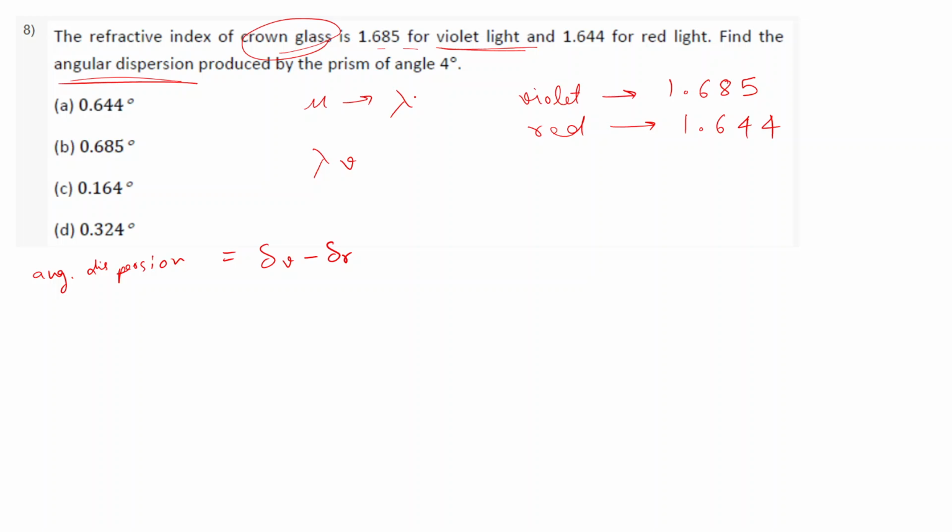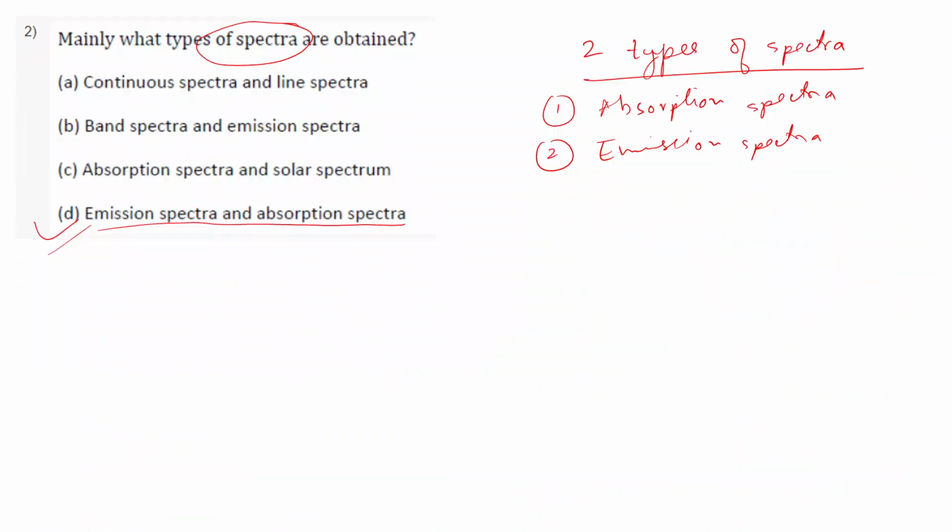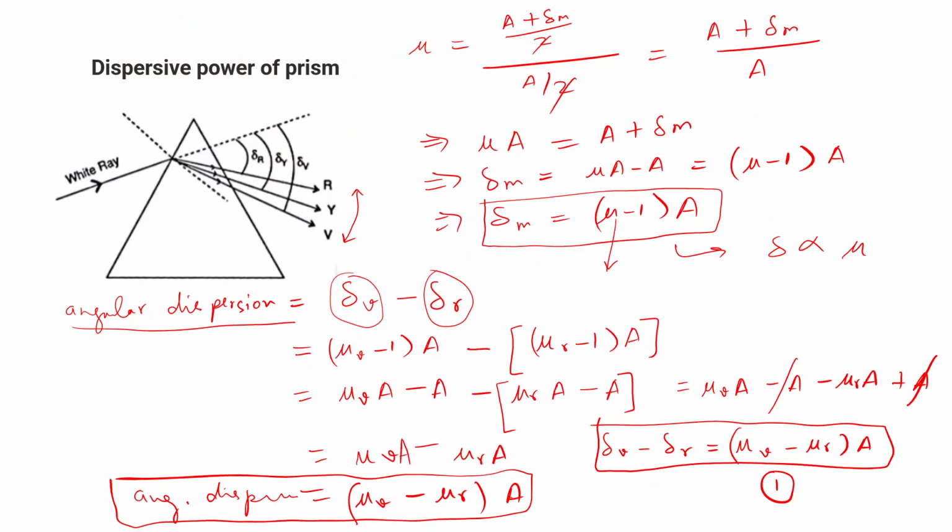Now here we have not been given the deviation in angle. We have been given the refractive index, and that relation also we had obtained. Here this is angular dispersion, and the same thing in terms of refractive index of these materials will be given by this relation.